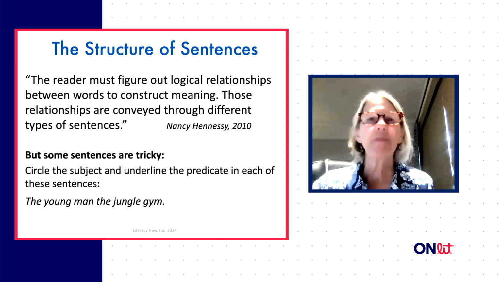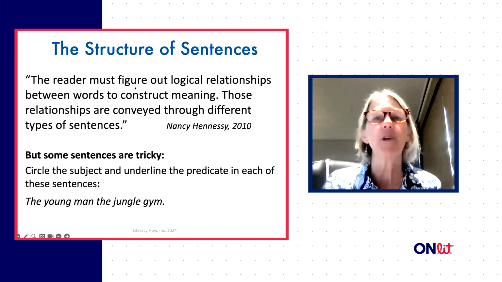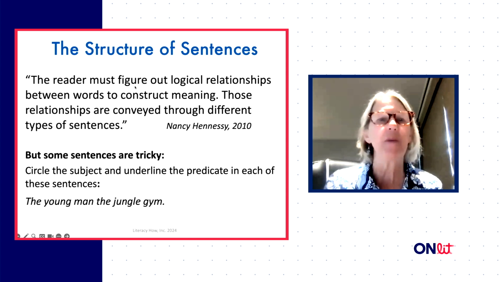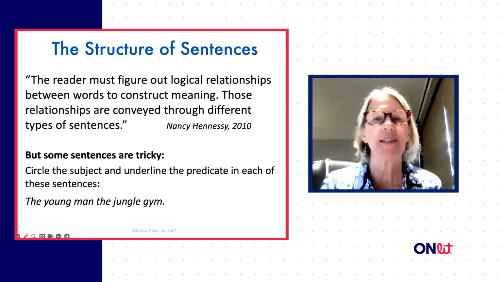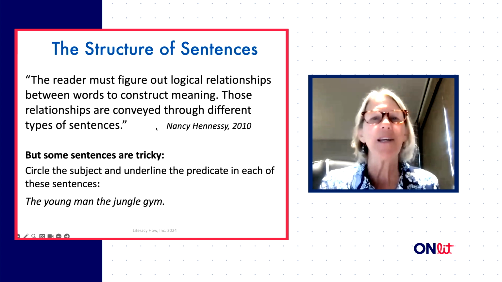Okay. So, anybody want to tell me? I'm looking at the chat. Anybody want to tell me what the subject of this sentence is? All right, Lindsay. Yay. The young. What's the predicate?